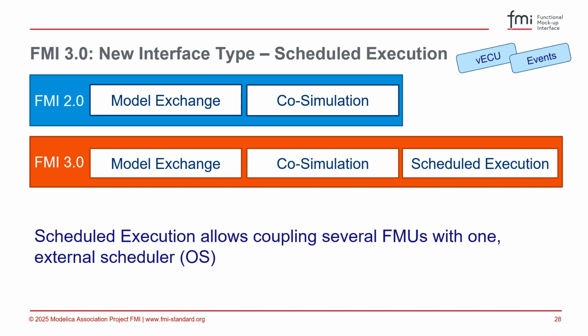But one must say this is not really in industrial usage yet. It's an outlook. For now, you can stay with model exchange and co-simulation for most use cases. But these two kinds of FMUs have got new capabilities that we will see on the next slide.